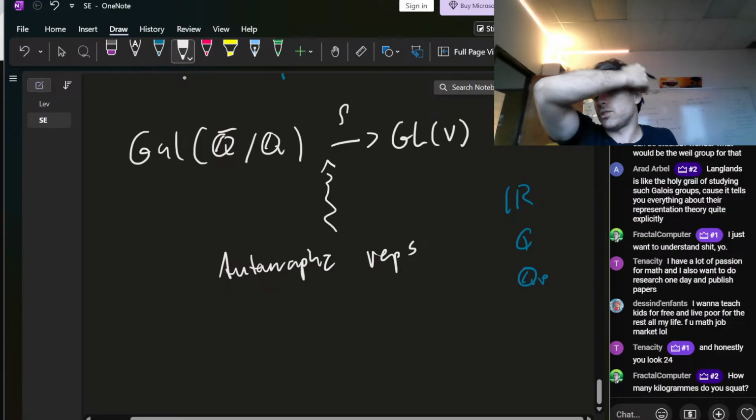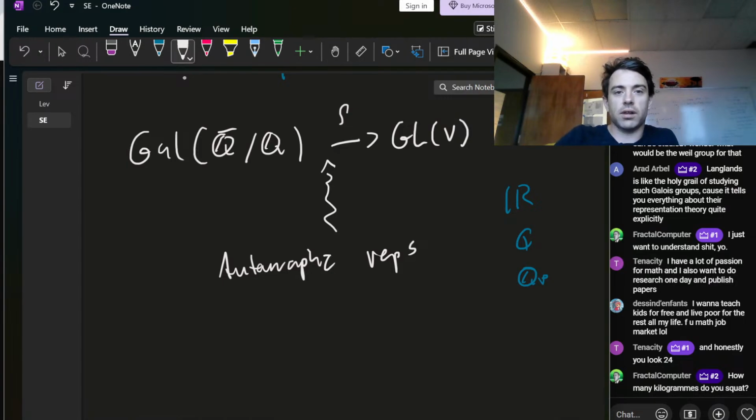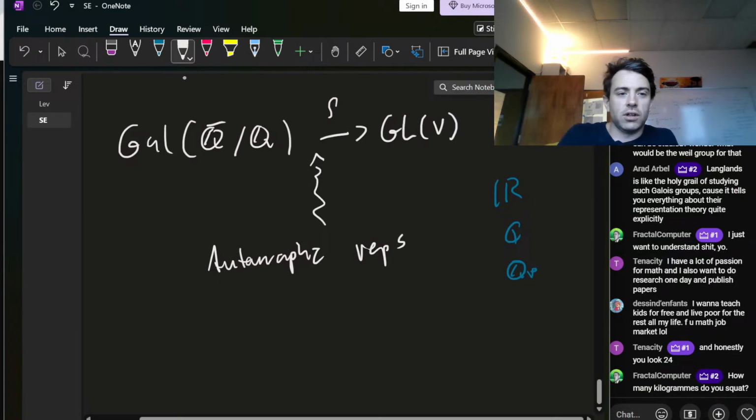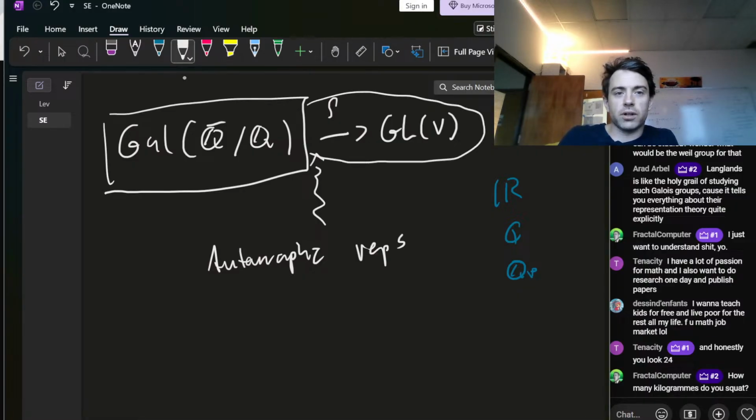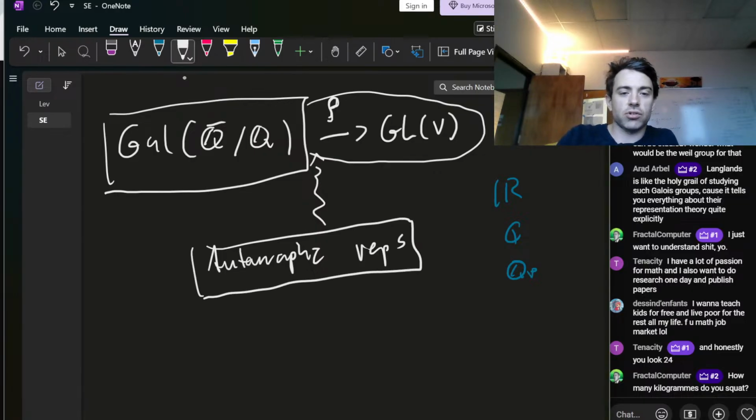This is one of the reasons why Langlands matters: ultimately we want to understand this group to understand number theory. That becomes easier if we understand Galois representations, and the conjecture says that can be probed with automorphic representations.